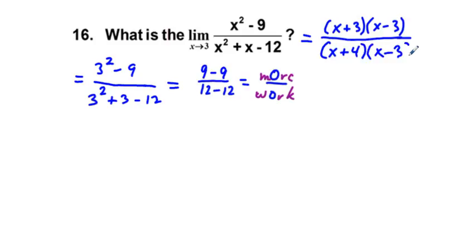Well, what's going to happen here? The quantity x minus 3 divided by quantity x minus 3 cancel. So now we can substitute in 3, and this is going to be equal to 3 plus 3 in the numerator over 3 plus 4 in the denominator, and so our answer to our limit here is going to be 6 over 7.